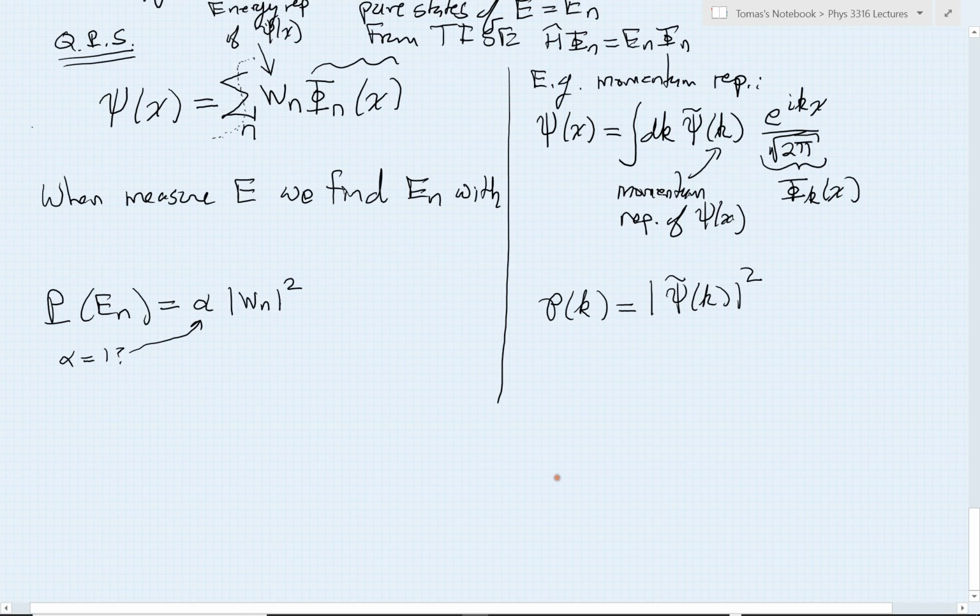Now, this is great. I know how to get the probabilities, but the big question is, okay, I can get the probabilities from the weights, but actually, how would I get the weights? Or I should say, where the weights are. Just follow my train of thought.